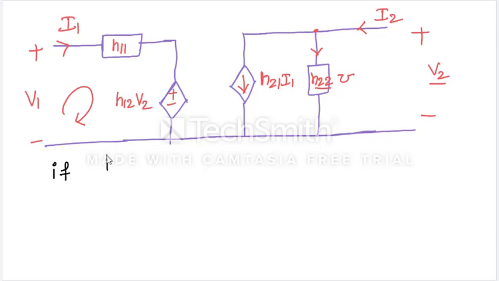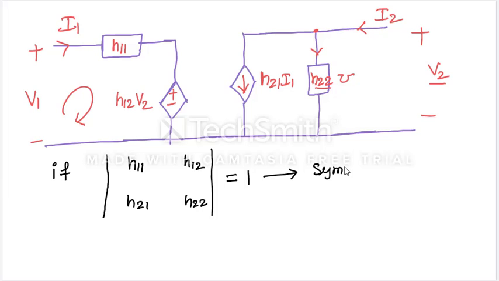If the determinant of the H matrix, H11 H12 H21 H22, is equal to 1, then we call the network symmetrical.